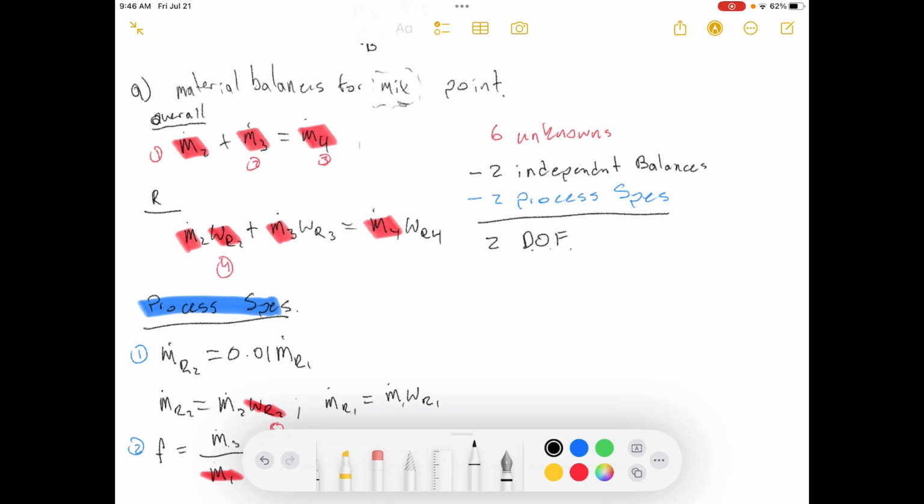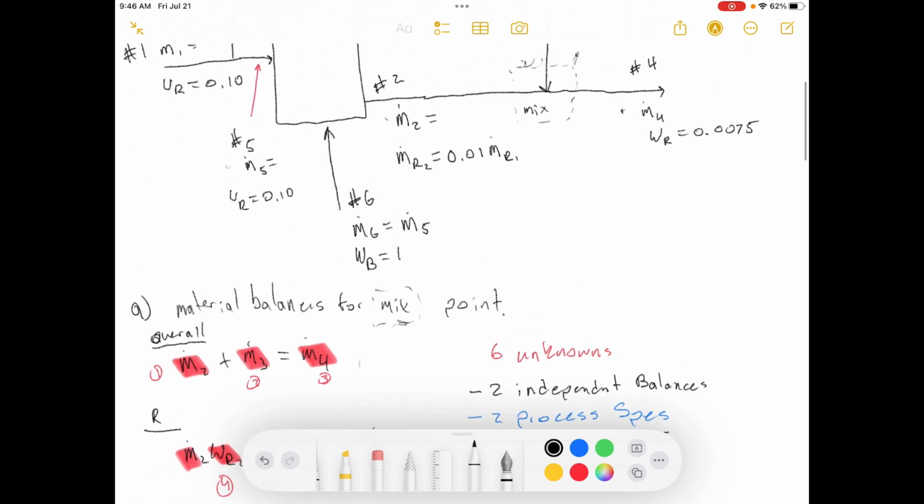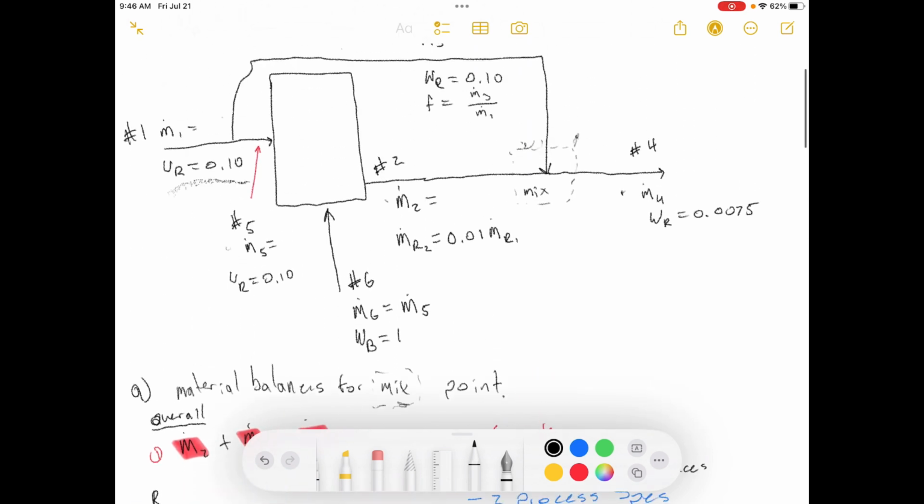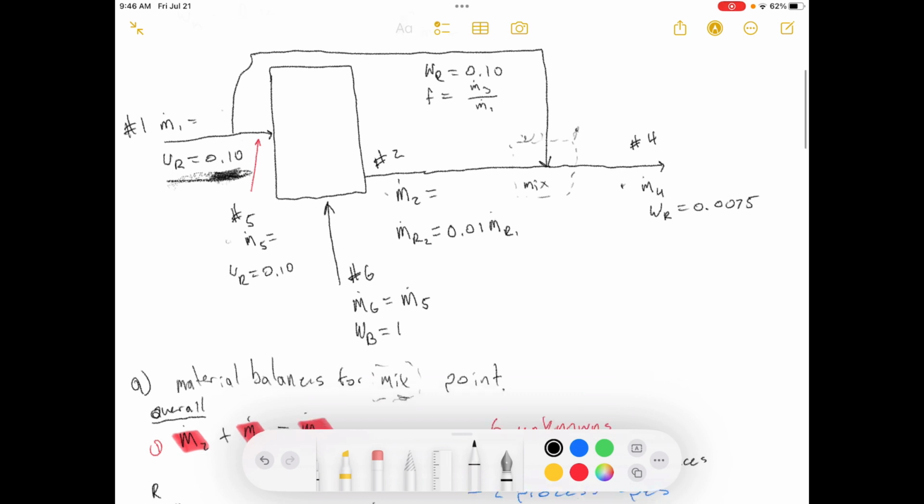So when I did my balance, I understood that this was known, but then reading through the problem later on, I realized that they were saying it was up to this, so this is the maximum it could be, but they're not actually specifying what it is. So that is another unknown that we don't know.